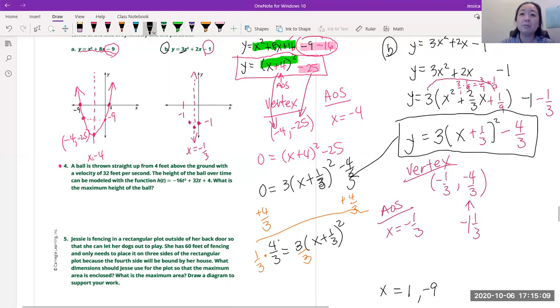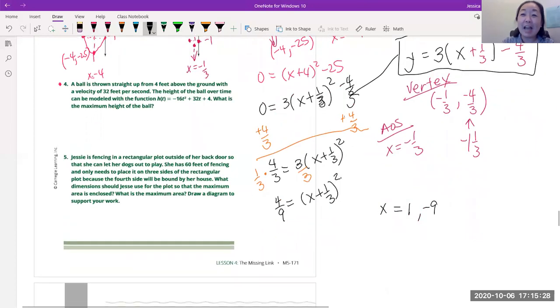So if we multiply straight across, this is going to be 4/9 is equal to, now the 3's cancel out, so all I have left is x plus 1/3. Stay with me. I know fractions, usually kids' eyes just glaze over. All right, so we're almost there. So now we have this square by itself in the parentheses, nothing else there.